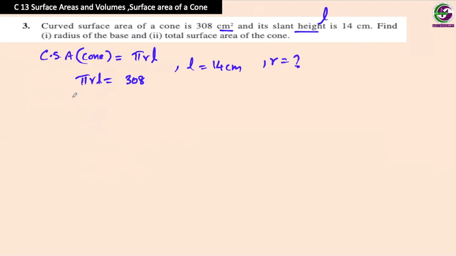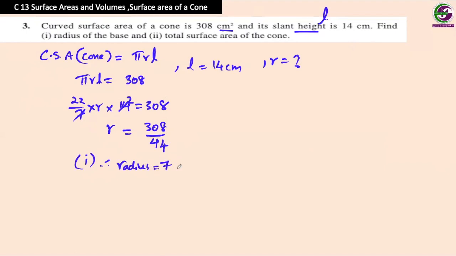We can apply here 22 by 7 times radius times 14 is equal to 308. We can simplify. R is equal to, this will give us 44, 308 divided by 44. Therefore, radius is equal to 7 centimeters when you simplify this.